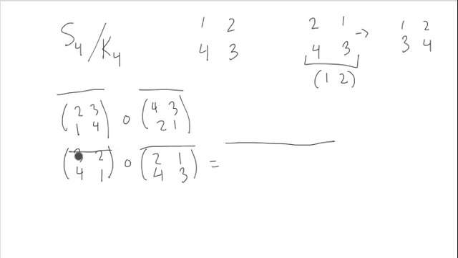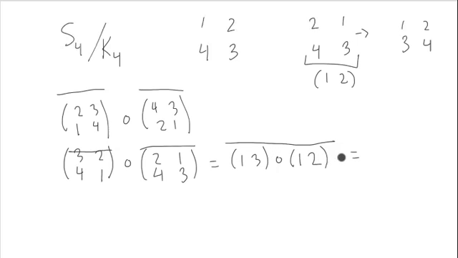So this is 1 goes to 3, and 3 goes back to 1. 2 is fixed, so it's just (1 3). This one over here is 1 goes to 2, and 2 goes to 1, and 3 is fixed. So I really just have (1 3) composed with (1 2).